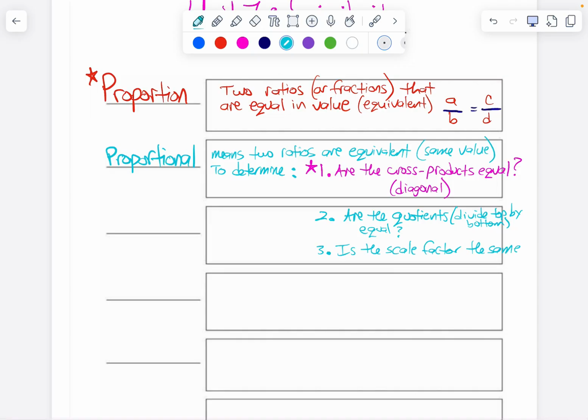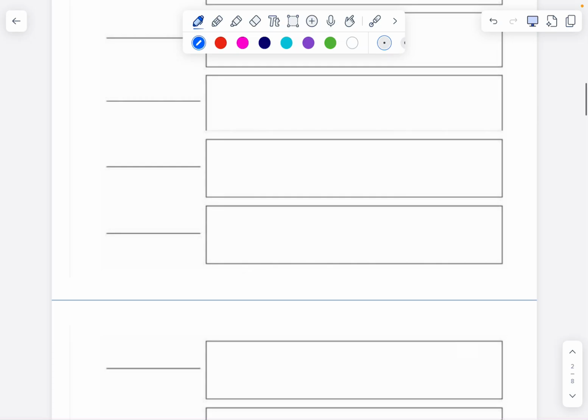Now, we haven't defined scale factor yet, but that's what you guys were doing when you said, can I multiply this by 3 and get on both top and bottom and get the same thing, etc. That I want you to do these, with some flexibility, but certainly when the proportions get weird, you really want to just use the one method.